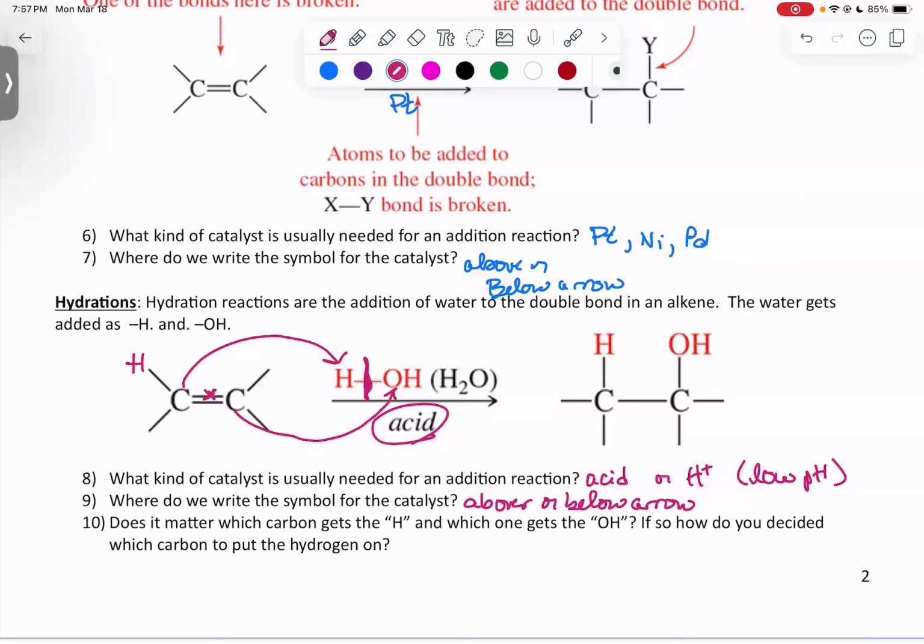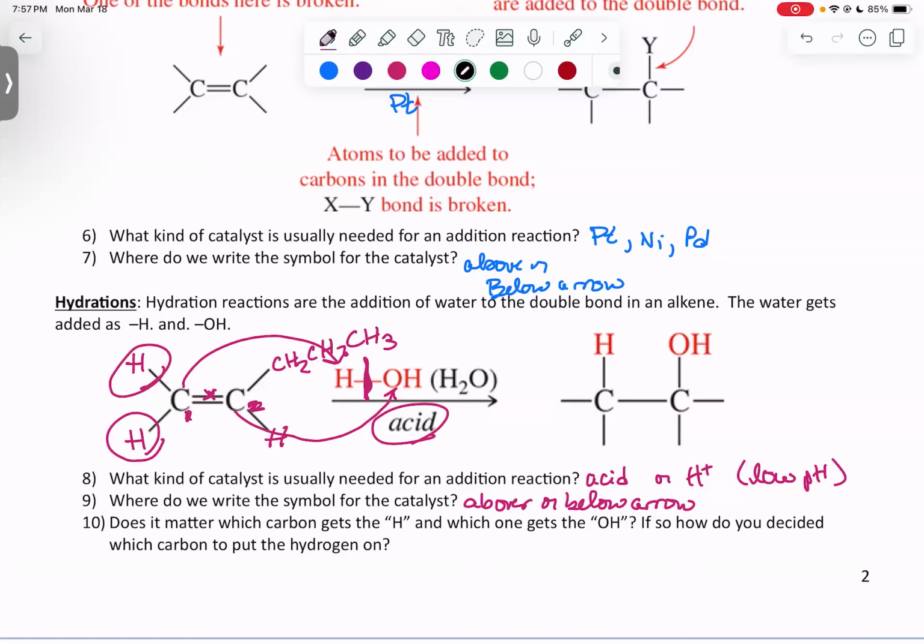So if this were a hydrogen and this were a hydrogen and this were a CH2, CH2, CH3, and this were a hydrogen, I would look and I would say, okay, that's carbon number 1 and this is carbon number 2. So carbon number 1 has 2 hydrogens directly attached to it.